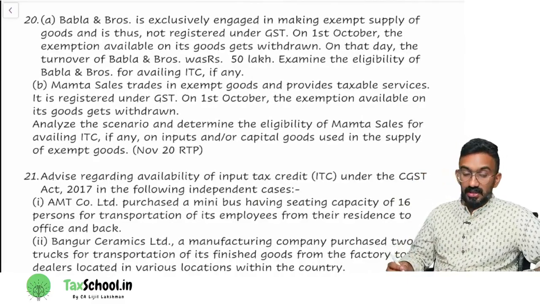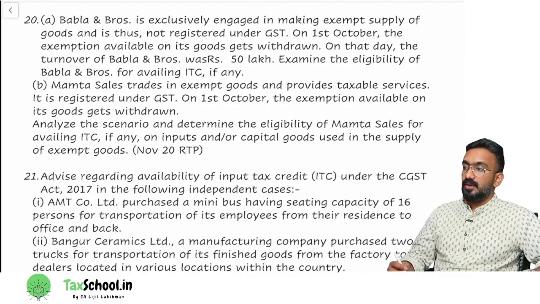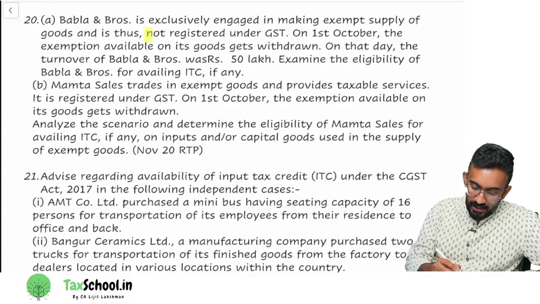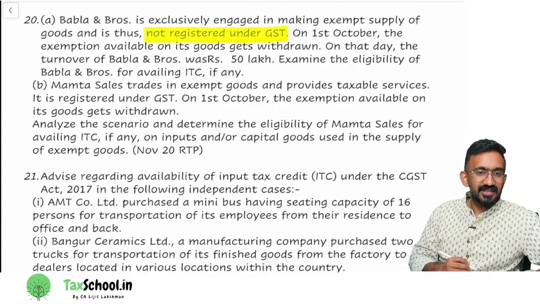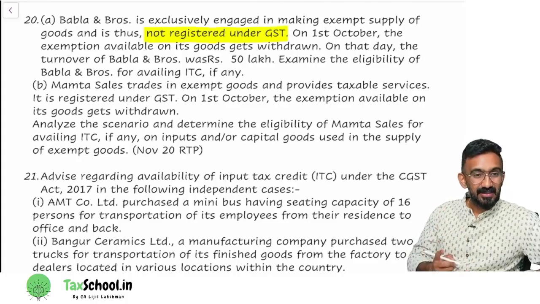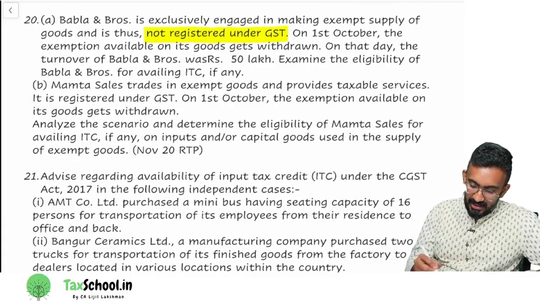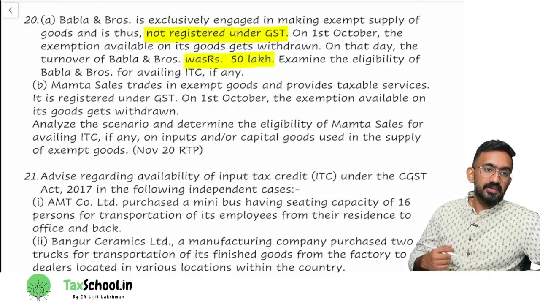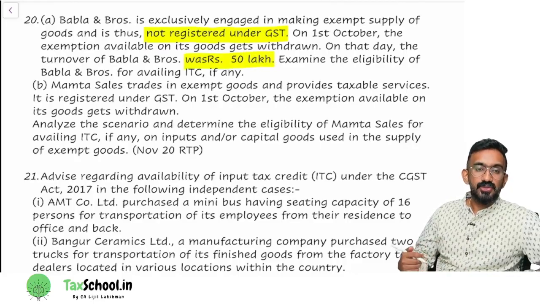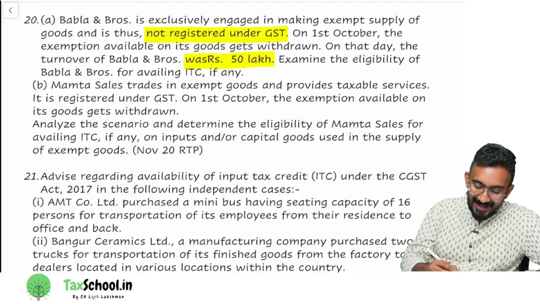They come under first category. Why? Because they are not registered under GST. They were making exempt supply and not registered. Now they are taking registration because their turnover is already 50 lakh on the day when the exemption is withdrawn. So they can take ITC on what?